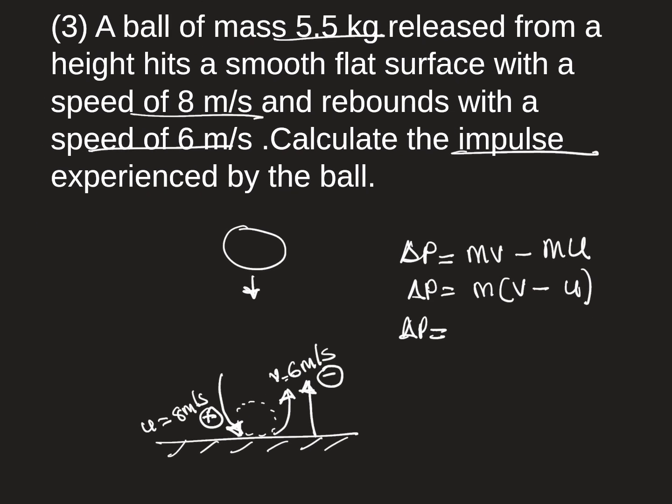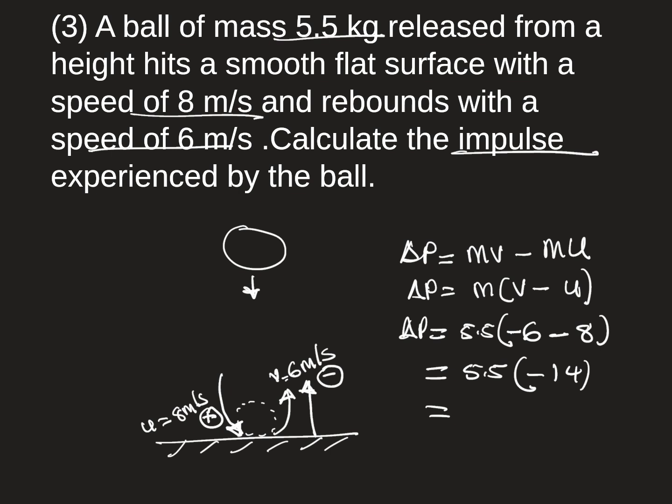It is 5.5, into v, which is negative 6. What is u? u is positive 8. There's no need to write positive there. So that will be 5.5 into negative 6 minus 8, which is negative 14.